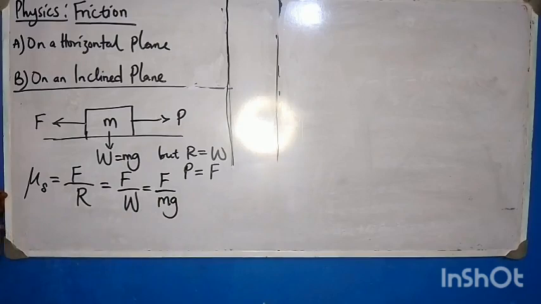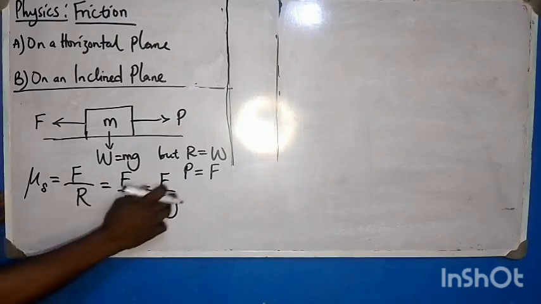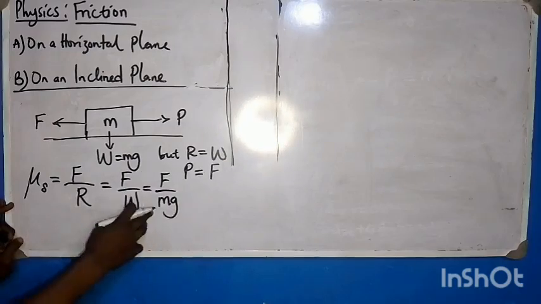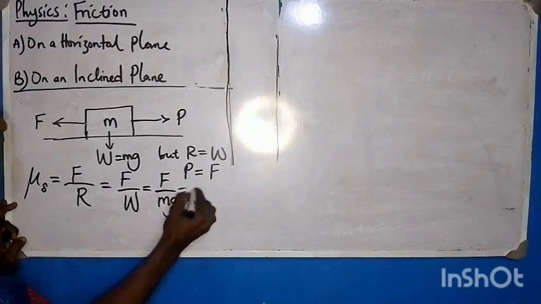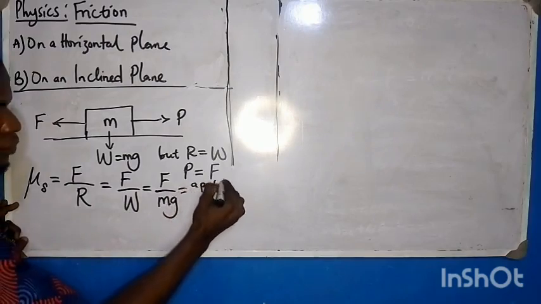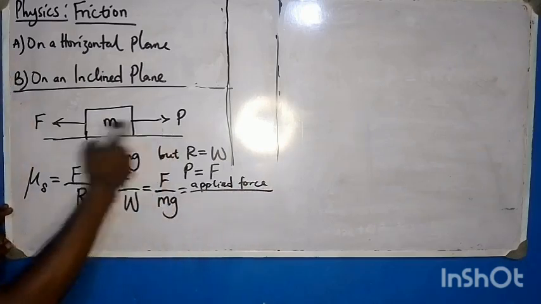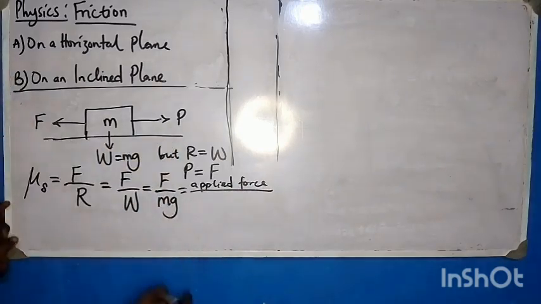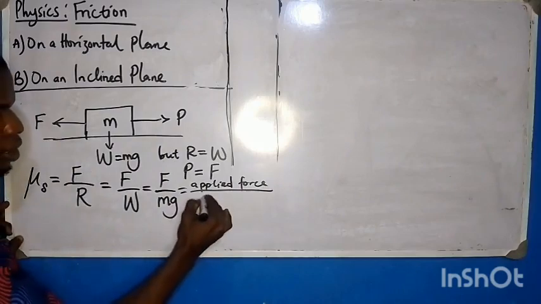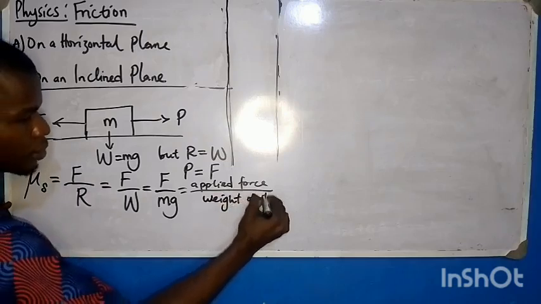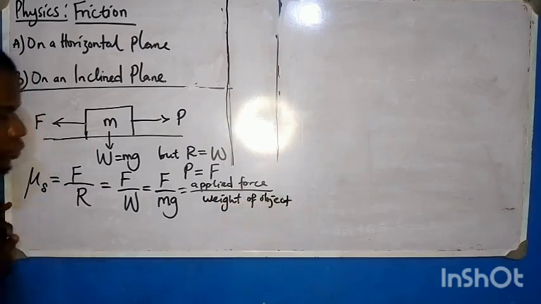So if you are asked to find the coefficient of static friction, it is the applied force, the force that is being applied, divided by the mass times gravity. F here is the applied force. Remember, since the applied force is equal to the frictional force but in opposite direction, all over the weight of the object, or weight of the body.